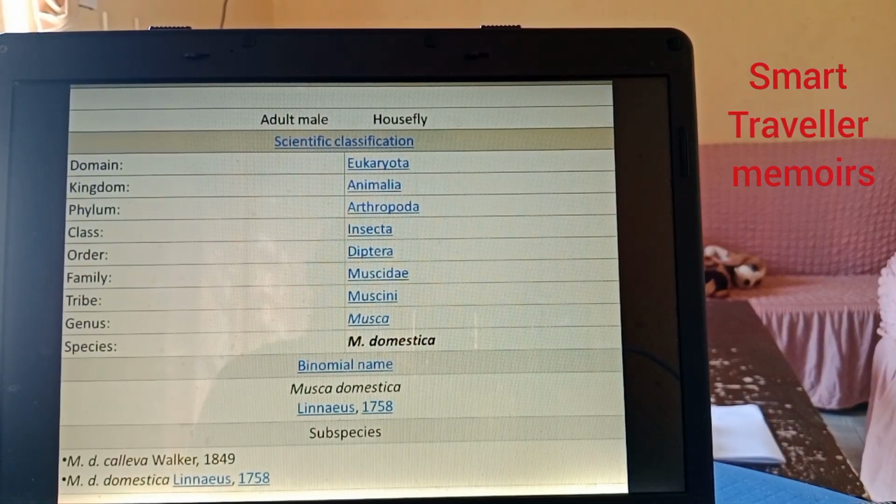I said I won't just go into the marking without presenting the scientific classification of a housefly.